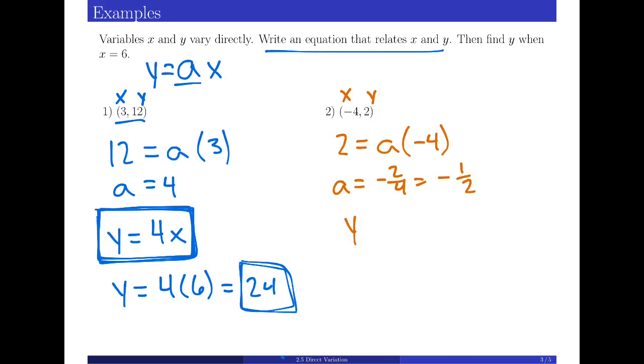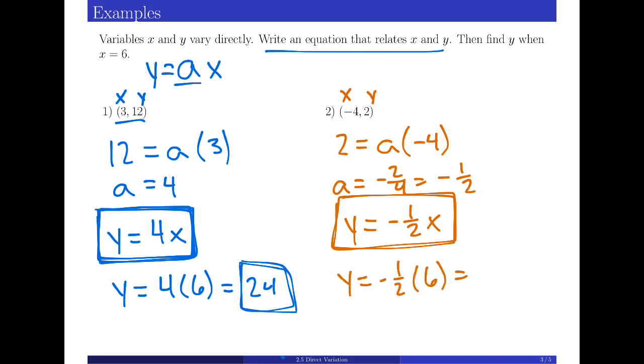So our equation that relates x and y is y equals negative 1/2 x. There's the first part of our solution. And then still find y when x equals 6. So y equals negative 1/2 times 6. Half of 6 is 3, and then that's negative. So negative 3 is the second piece of our solution there.